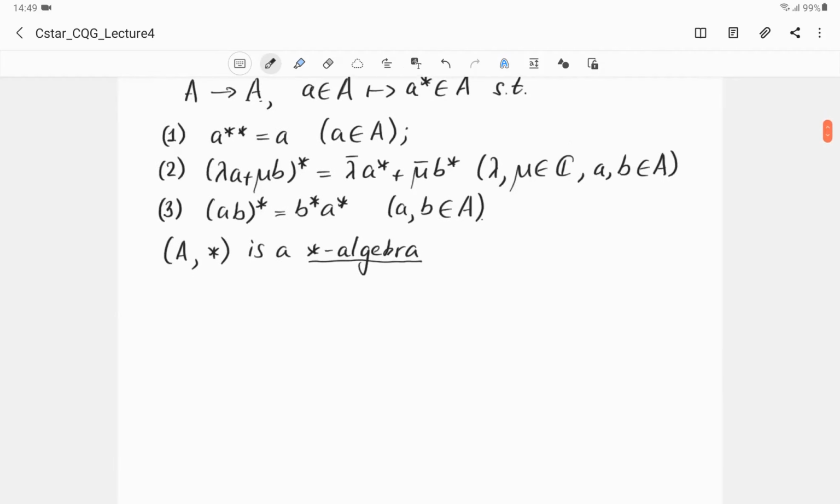Now let's come back to functional analysis. So we define a Banach star algebra to be, first of all, a Banach algebra equipped with an involution.